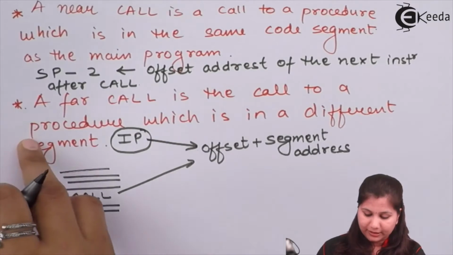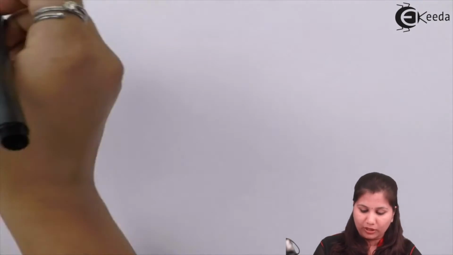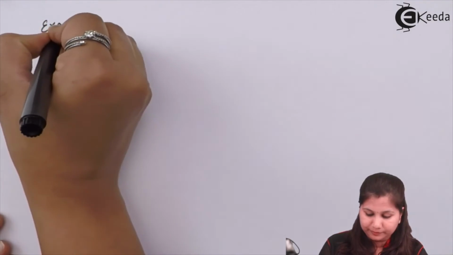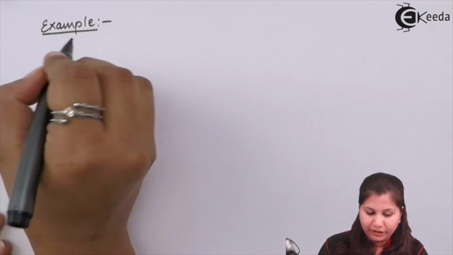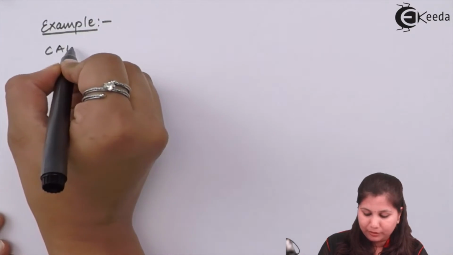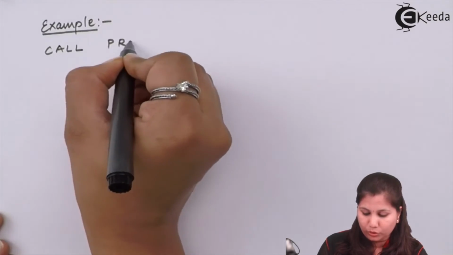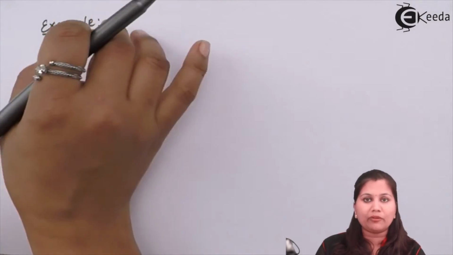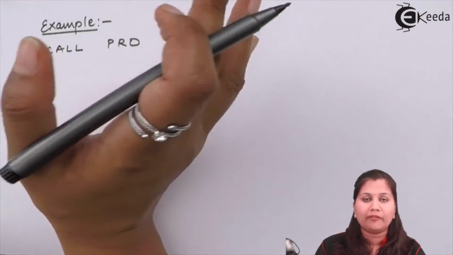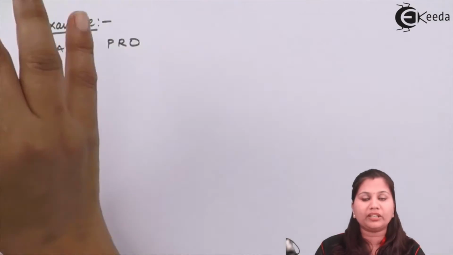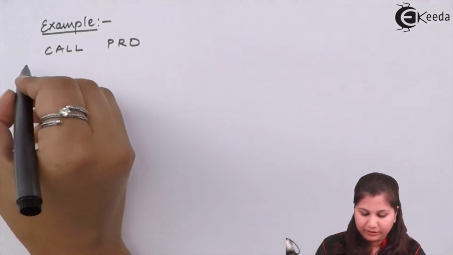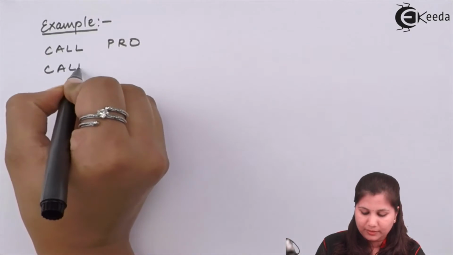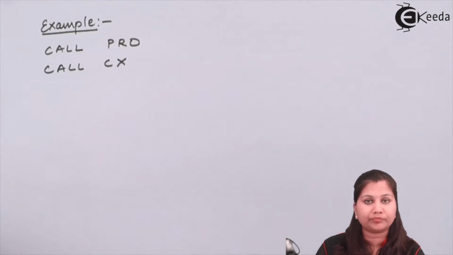If we see some examples of near call and far call: for near call, we have the example CALL Pro. Pro is the name of the procedure which we want to execute, or we can say Pro is the name of the subprogram. After that, CALL CX.